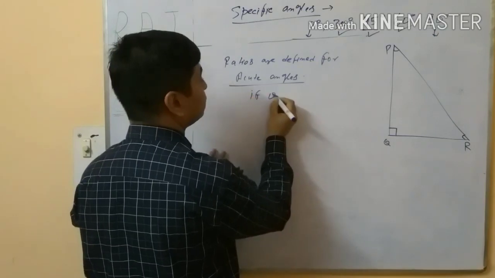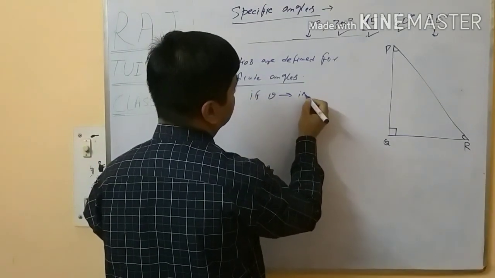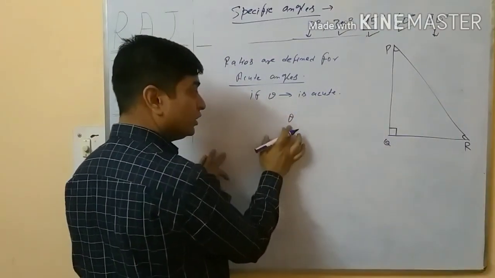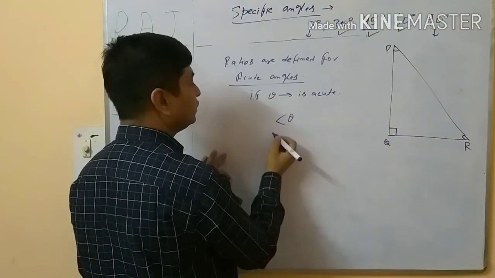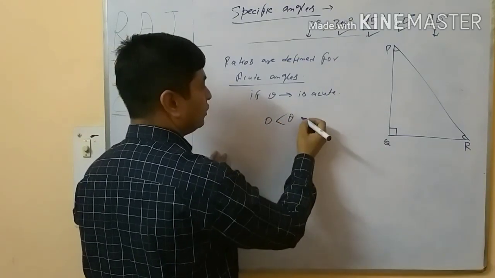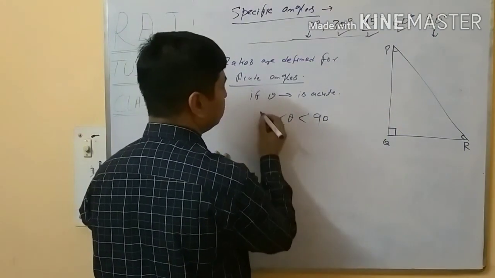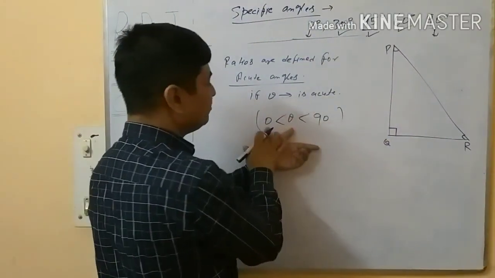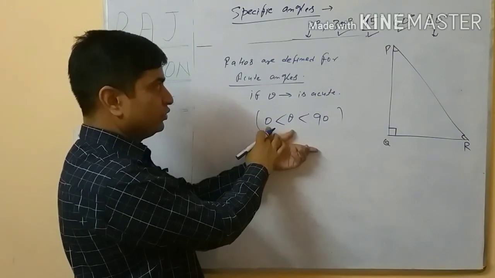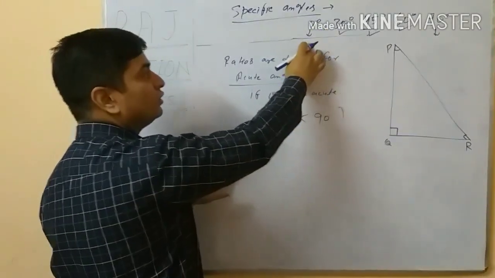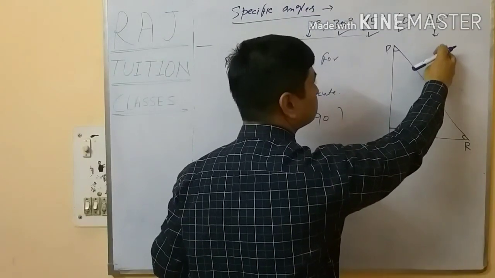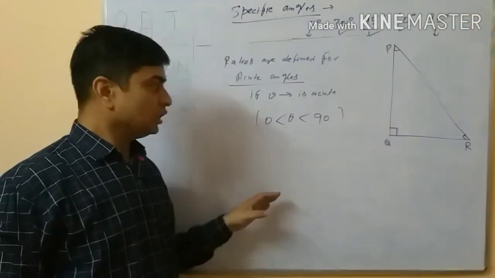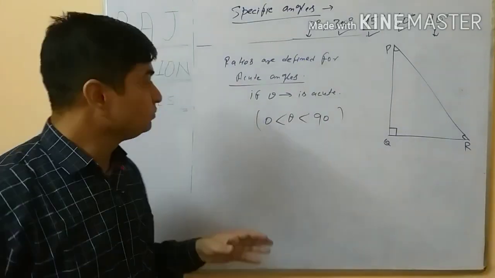If theta is acute, that means theta is greater than 0 degree and less than 90 degree. This is the definition of an acute angle. 0 degree can't be an acute angle. So the values of 0 degree and 90 degree are ideal values. These values are not practically possible.